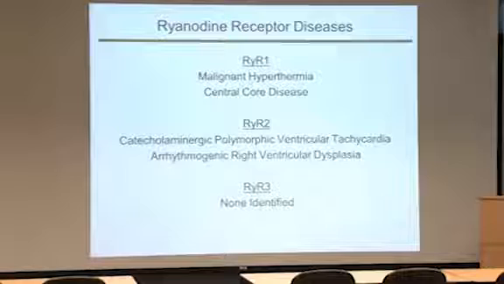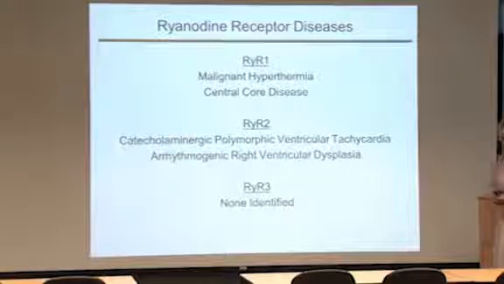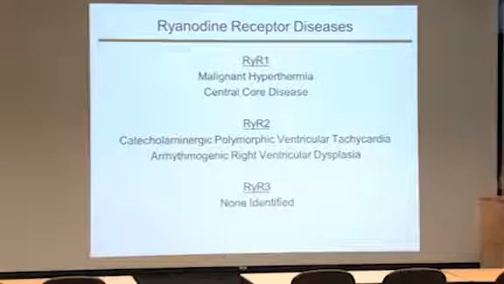So there are a couple of diseases linked to the ryanodine receptor. In RyR1, there are mutations that cause something called malignant hyperthermia. Another disease is central core disease. And there are a few other minor ones. RyR2 has, I guess it's been in the last 10 years, they've identified mutations in the channel that cause two diseases that lead to arrhythmias: catecholaminergic polymorphic ventricular tachycardia and arrhythmogenic right ventricular dysplasia.